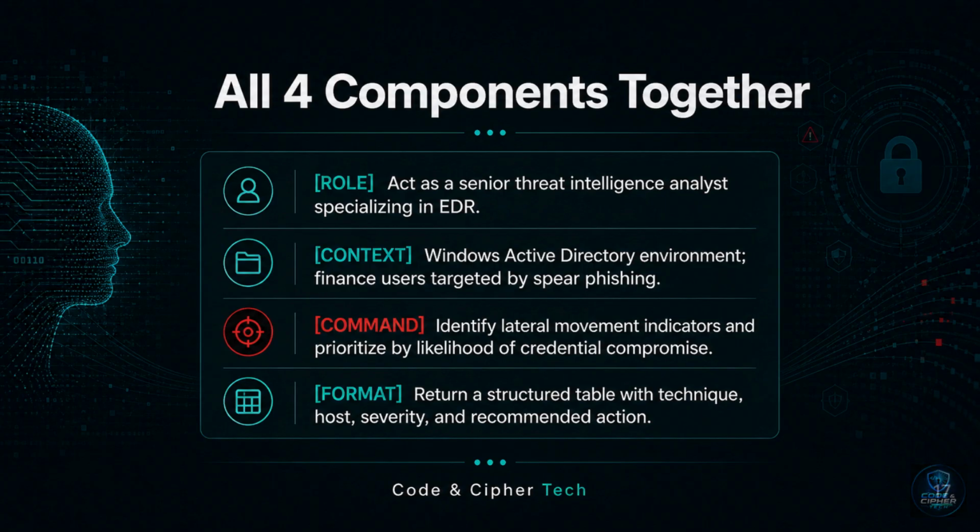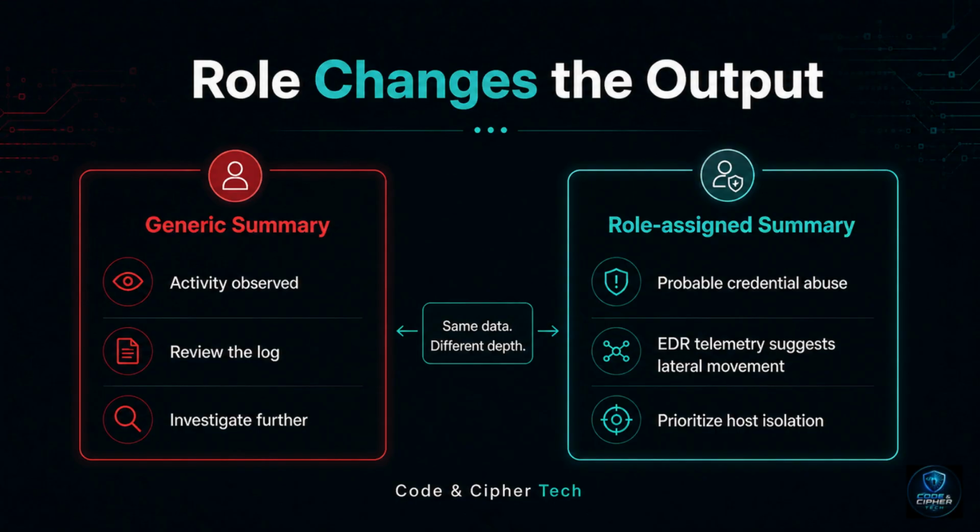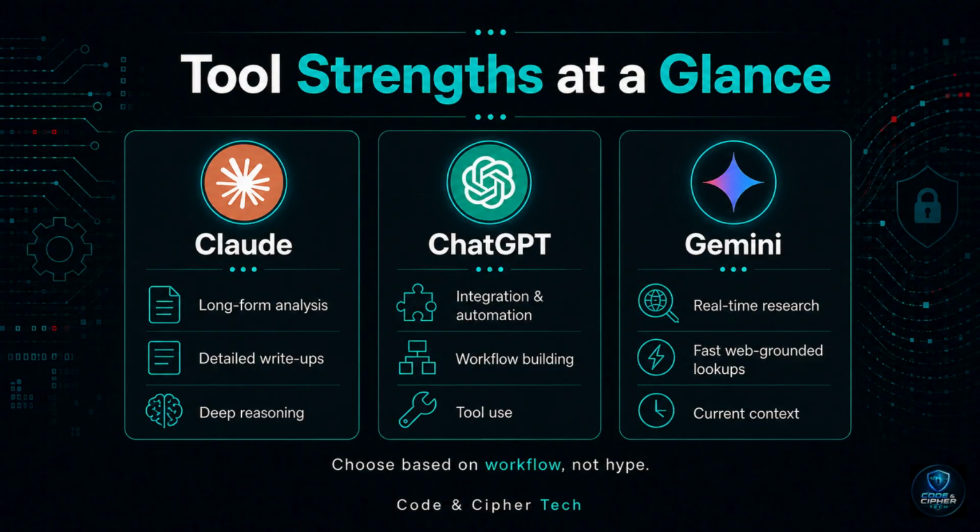Map each finding to the relevant MITRE ATT&CK technique. That prompt will produce professional grade output every time. You'll have the role, context, command, format, all four components for every prompt, no exceptions.